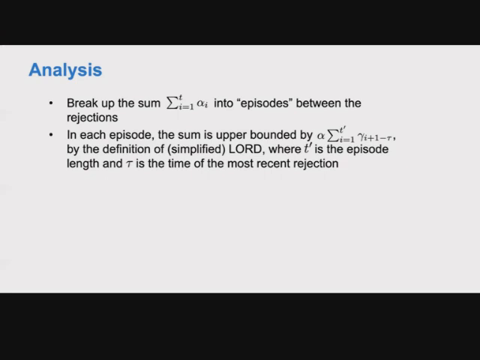I said alpha times the sum i equals 1 to the length of this episode, let's call that t prime, of gamma of wherever you started, i plus 1 minus tau, which just goes back to the most recent rejection. And so this is just the sequence 1, 1/2, 1/4, 1/8, and so on, okay? Because as i goes further along, you're subtracting off tau, which is staying fixed back in the past. And you're just indexing further and further along and getting the bigger values of gamma. So 1/2, 1/4, 1/8, and so on. That's what that sum is doing.